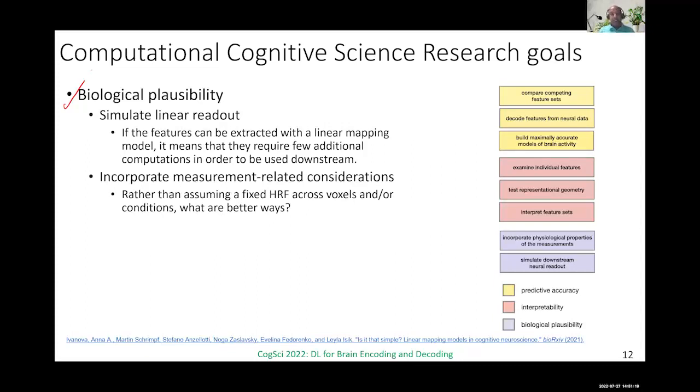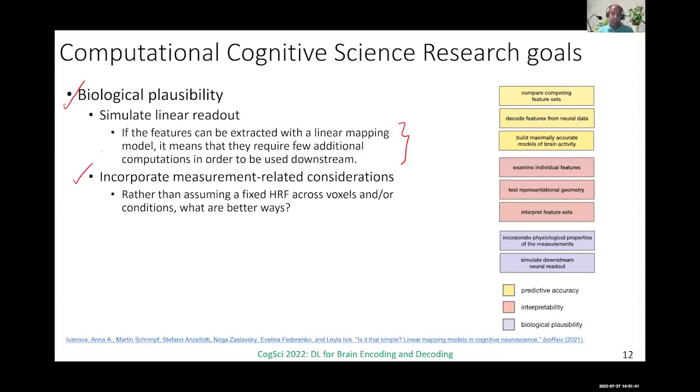So simulating linear readout: the basic hypothesis here is that if the features can be extracted with a linear mapping model, then you'll require fewer additional computations to use this in downstream applications. Also incorporating measurement-related considerations.